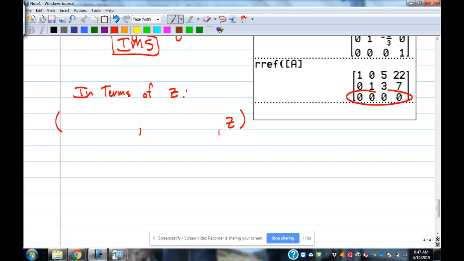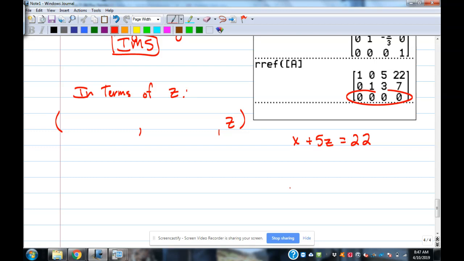I'm going to have an expression for X, an expression for Y, and then Z is just the plain variable. So we take our matrix after doing RREF and look at the equations. X plus 0Y plus 5Z is equal to 22.